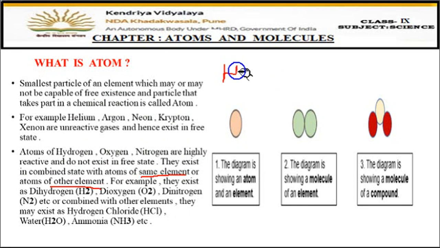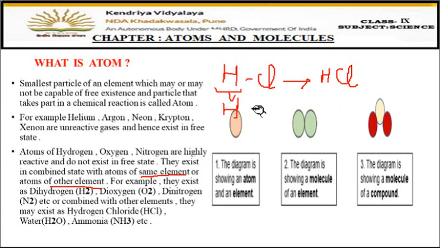Like this hydrogen can combine with an atom of chlorine. Fine, and they will make a compound which is known as HCl. HCl means hydrochloric acid. Fine, so an atom of an element can combine with the same element also, or they can combine with the other elements' atoms also.